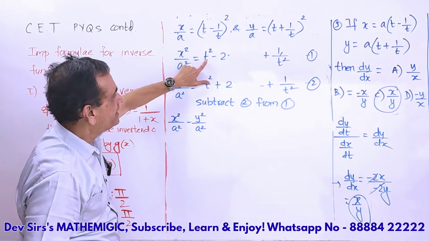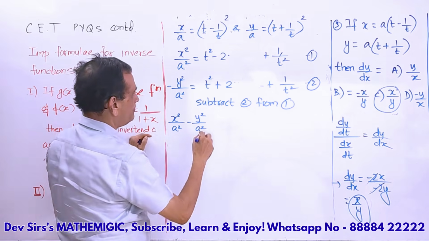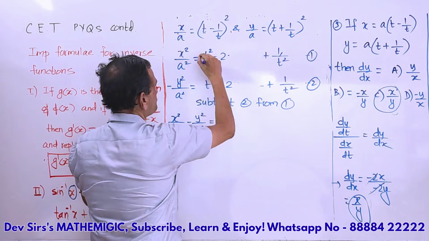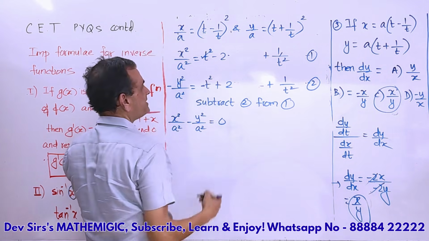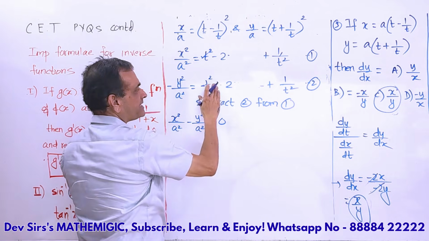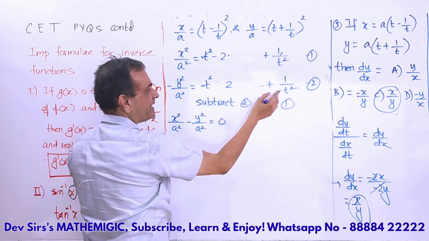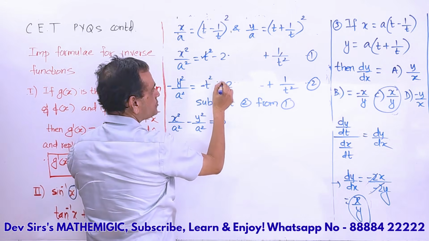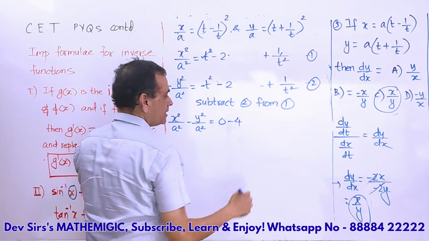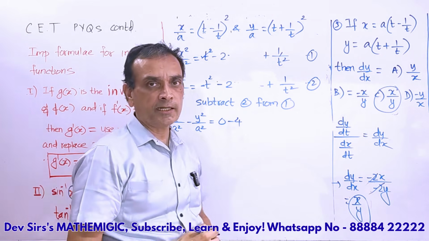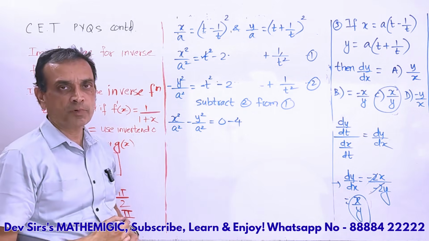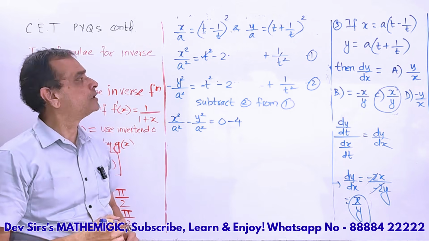Go to the next term. t squared minus t squared is 0. The sign of this will also change because we are subtracting equation 2. So minus 2 becomes minus 4. That won't get cancelled. Minus 2 minus of minus 2 becomes 4.